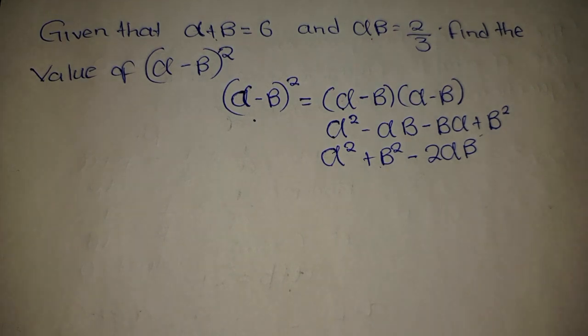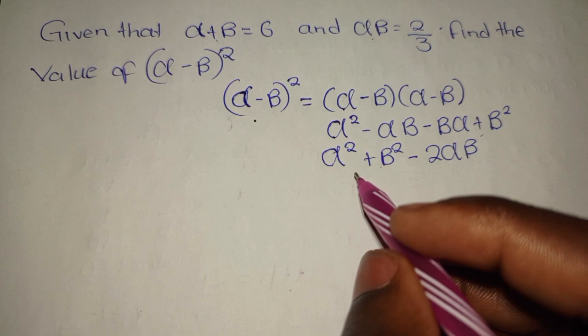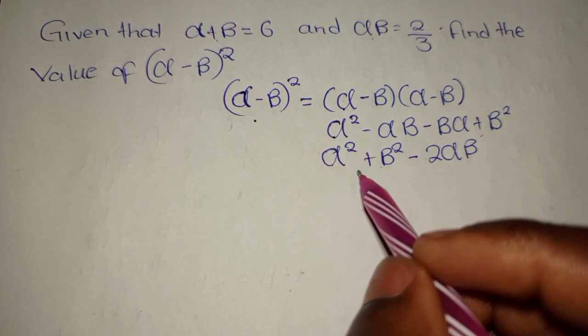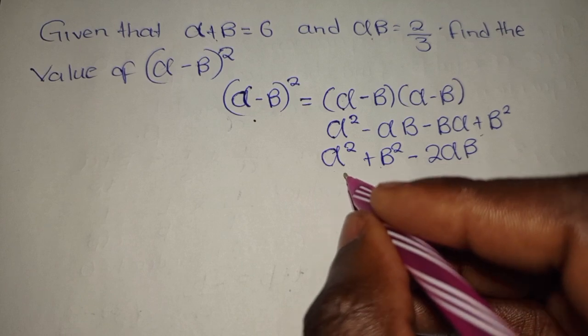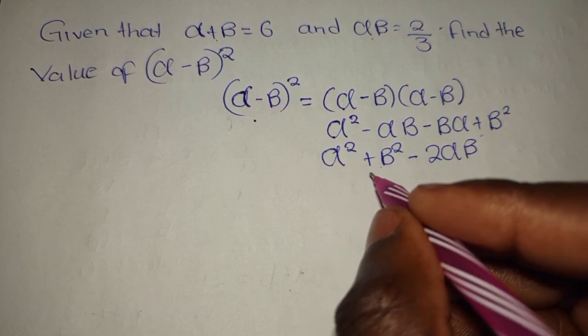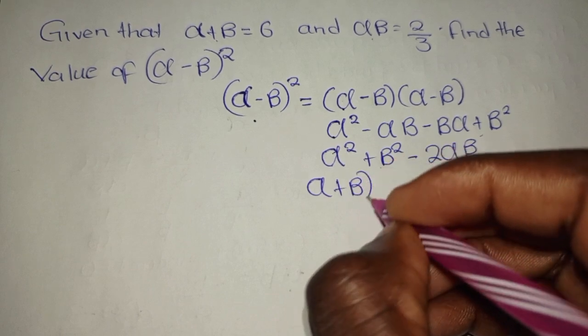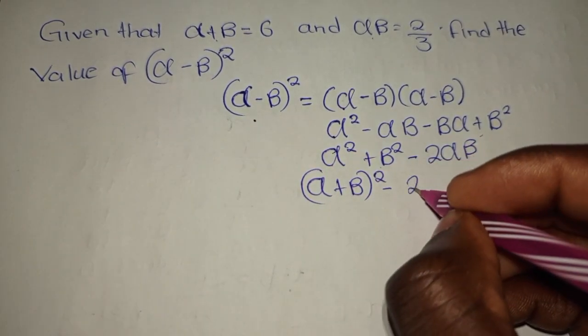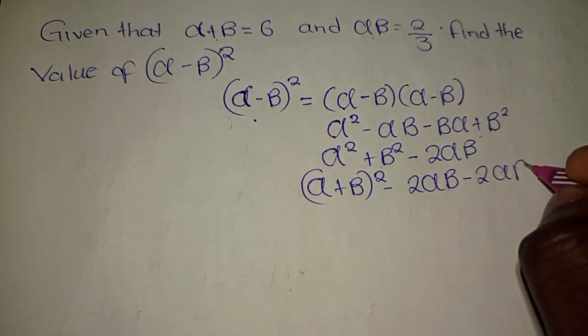So what we basically do here is go to the second binomial expansion of alpha and beta, which is basically alpha plus beta squared minus 2 alpha beta.